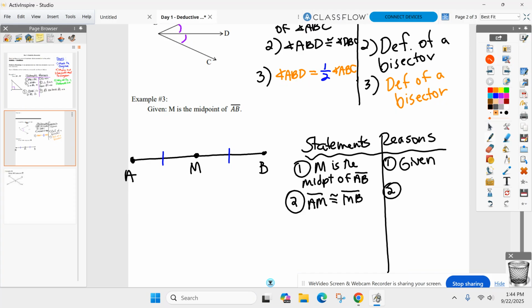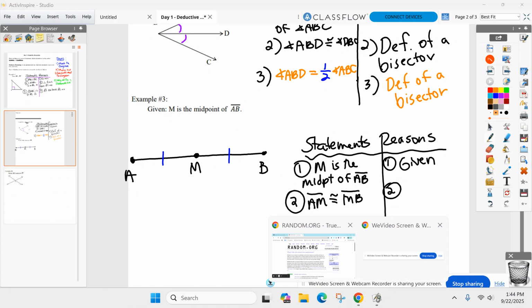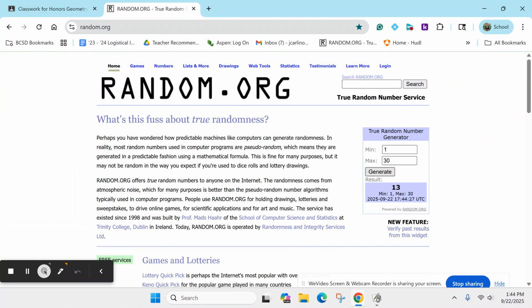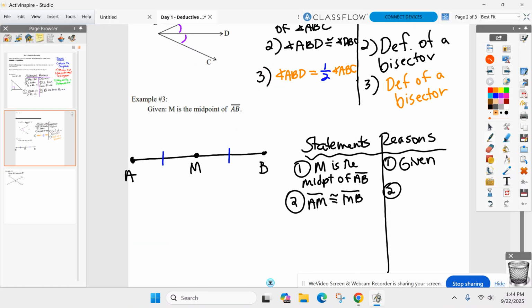Why are they equal? How do we know they were equal? What up here said they were equal? Why? Jacob. There you go. Now we'll use, instead of bisector, definition of a midpoint. Looks good. And again, we are going to be using that reason through the entire year.